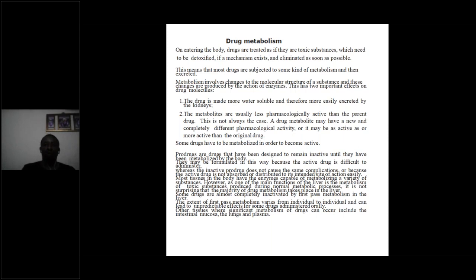So after metabolism, there should be elimination. Naturally, if a toxin entered the body and is not detoxified and is not eliminated, it will be dangerous. So most of the drugs that we take, the body perceives them as toxic, so the body takes them through the metabolic process and the excretion process.